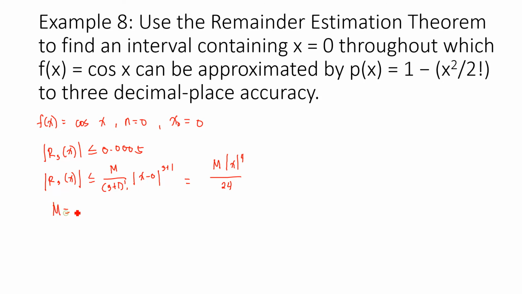So in this case, if m is equal to 1, then the absolute value of the remainder must be less than or equal to the absolute value of x raised to 4 over 24.